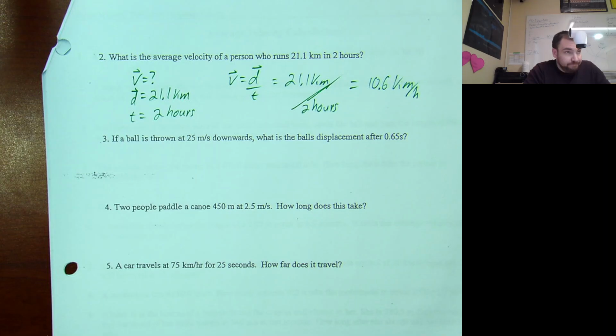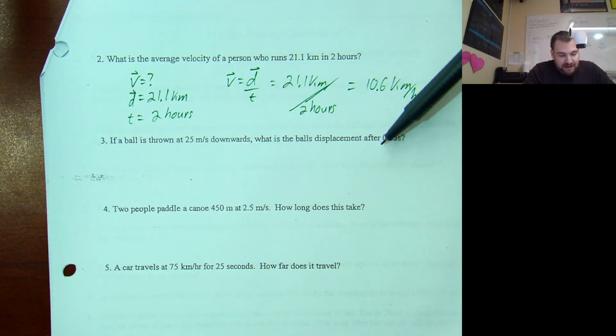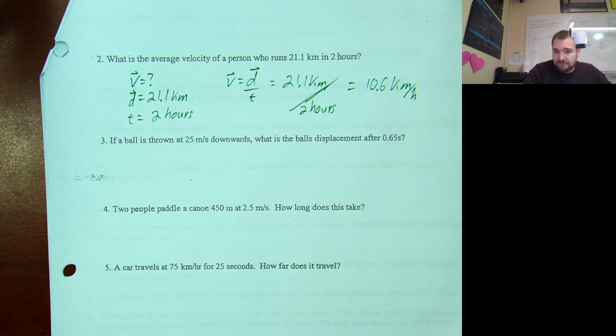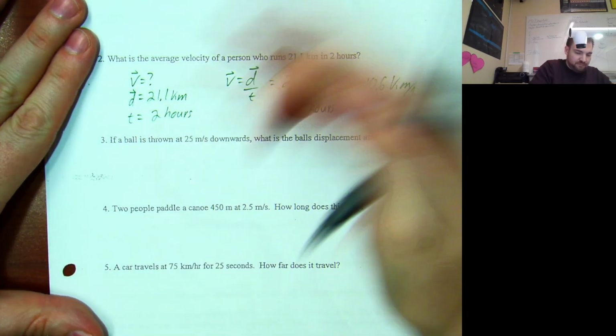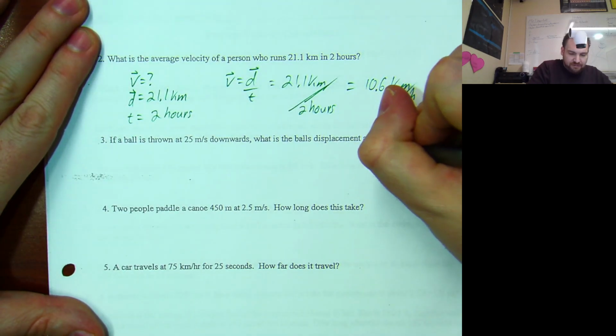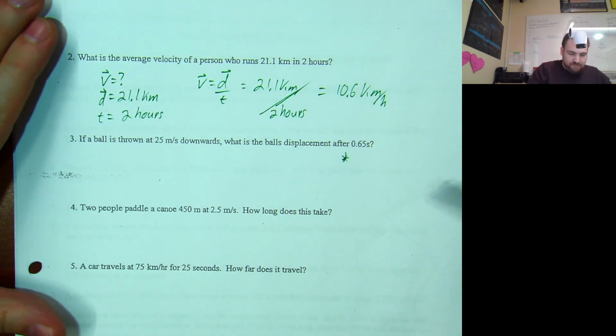Cool. Next one. If a ball is thrown 25 meters per second downward, what is the displacement after 0.65 seconds? There's a note I want to make on this one.